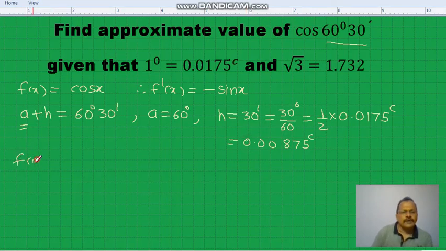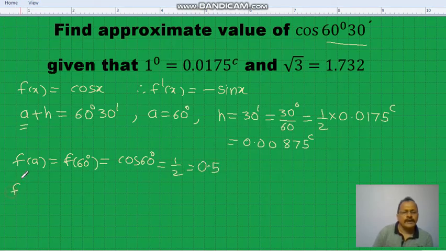Now f(a) is equal to f of 60 degrees, equal to cos of 60 degrees. Cos of 60 degrees is equal to half, that is 0.5. f'(a) is equal to minus sin 60 degrees, equal to minus root 3 by 2.